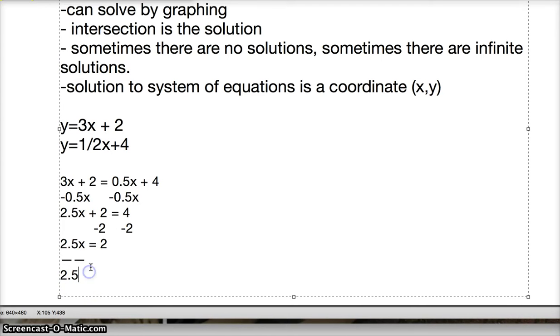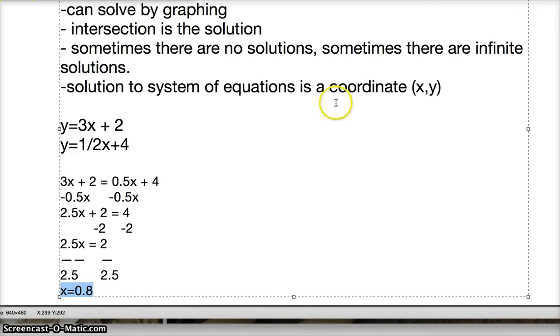And I'm going to have some trouble illustrating that. Let's see. Divided by 2.5. So when you do 2 divided by 2.5, if you have a calculator, you can grab it. And 2 divided by 2.5 is going to give you 0.8. So x equals 0.8.